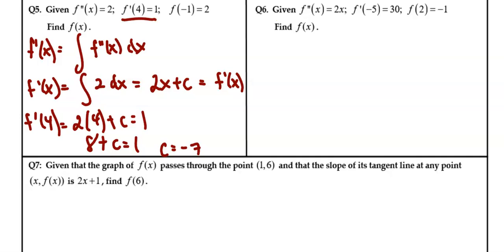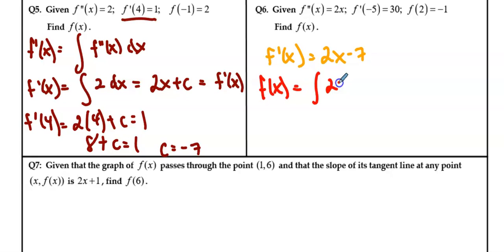So I can now say in this problem that f prime of x is going to be equal to 2x minus 7. And so it does not surprise us, ladies and gentlemen, that if I want to find f of x, I need to integrate this dx, right?